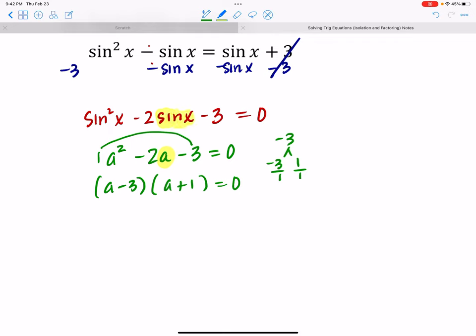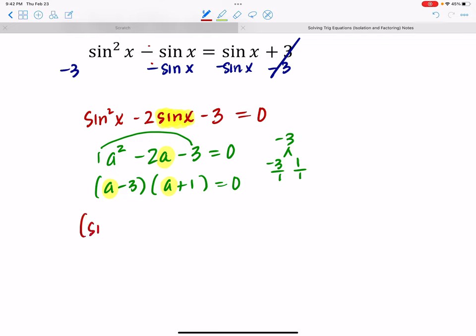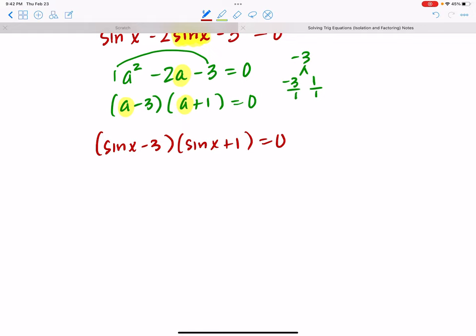So now in my factorizations, I'm going to replace a with what it replaced, which was the sine of x. So instead of a minus 3, I'm going to call this the sine of x minus 3. And over here, sine of x plus 1. And that's what I'm trying to make equal to 0. So I want to make each of these things equal to 0 because then the whole equation becomes 0.